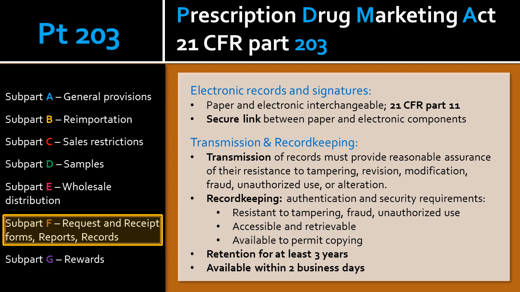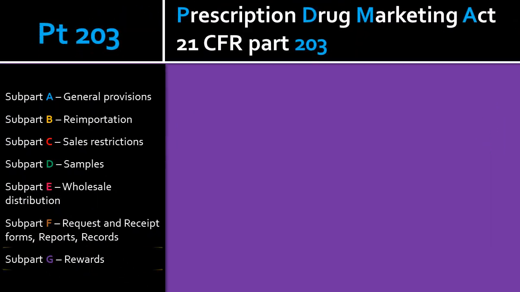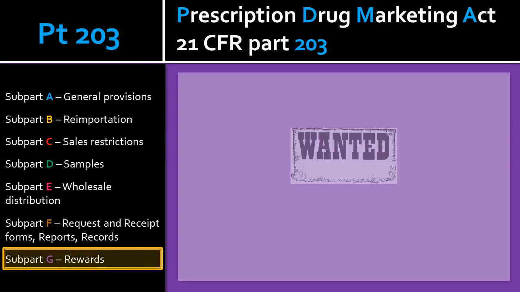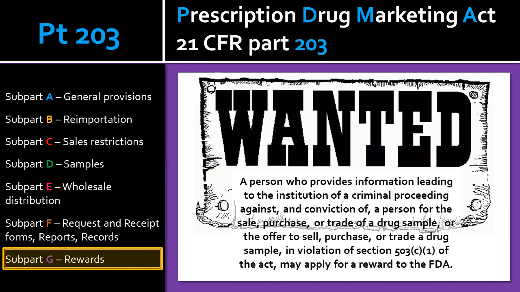Transmission of any records must provide reasonable assurance of their resistance to tampering, revision, modification, fraud, unauthorized use, or alteration. Records must be preserved in an accessible and retrievable fashion and retained for at least 3 years since their creation.